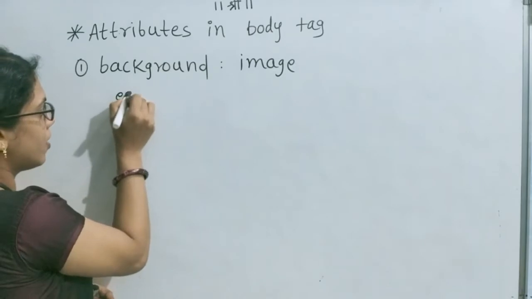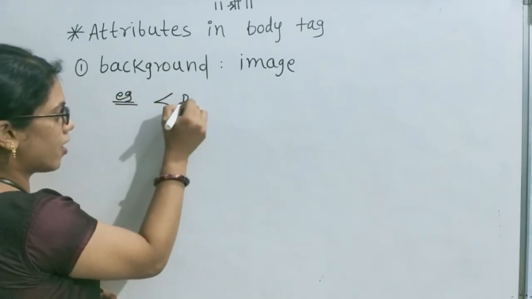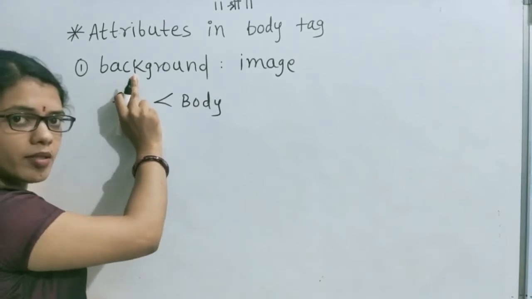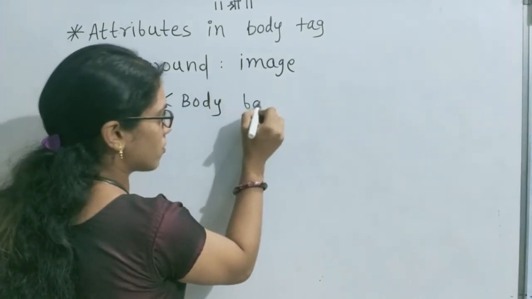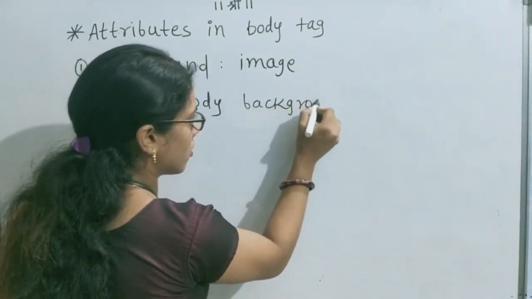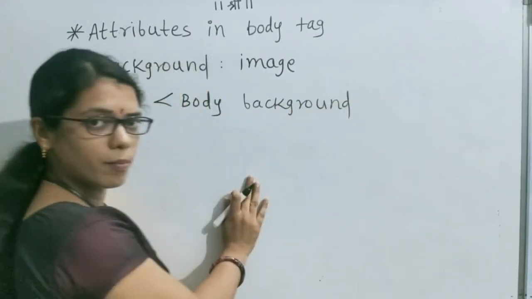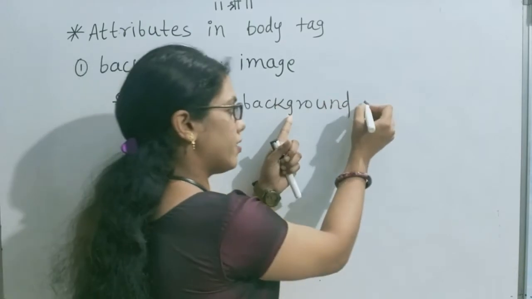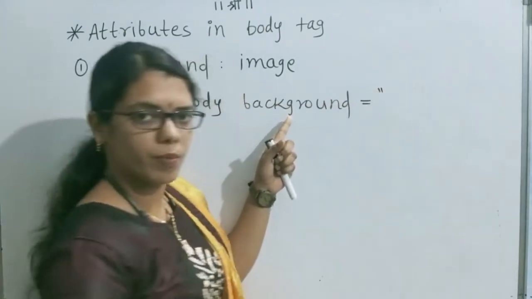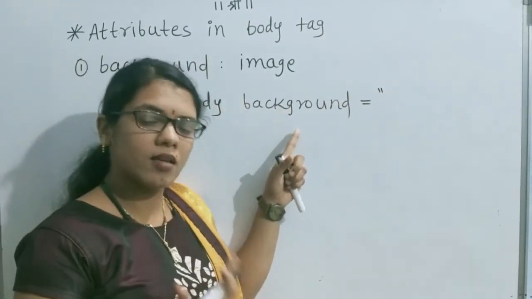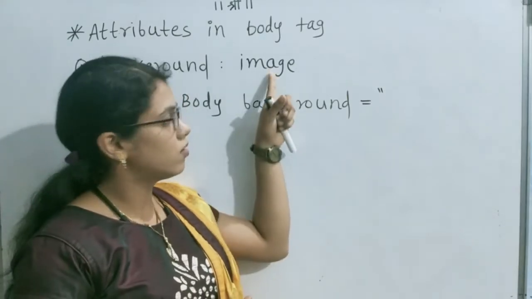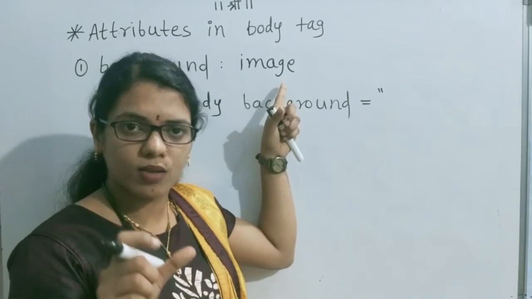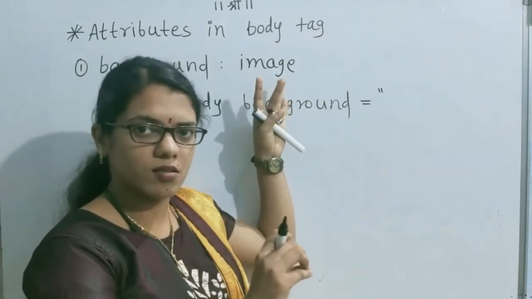So for example, the start tag is our body tag. Attribute name is background. This is the name of the attribute and its value comes in pair. As we are applying an image to the background of the web page, we require a path of the image where that image is stored.